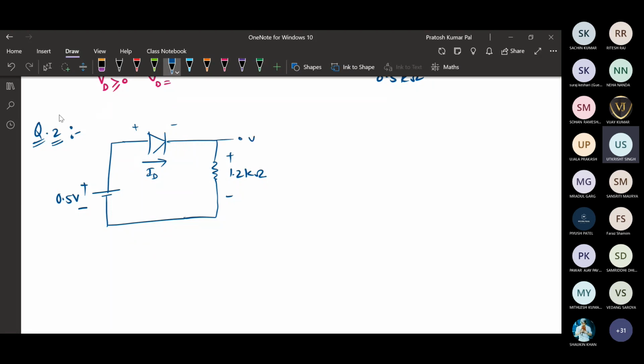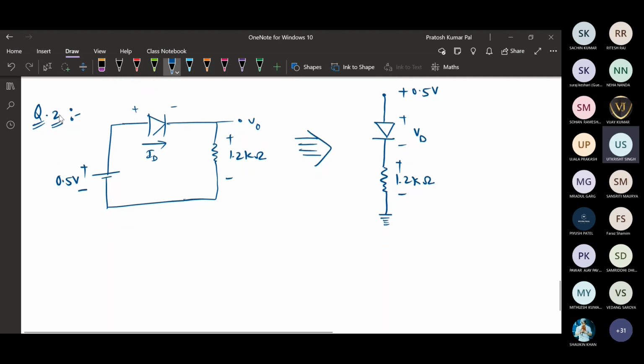This is the output voltage, but this circuit can even be given like this: plus 0.5 volt with a diode and a resistor and ground. So the same circuit can be represented like this also. You need to simplify the circuit like this so that you can understand each and every component of the given circuit. So this could also be a given circuit.